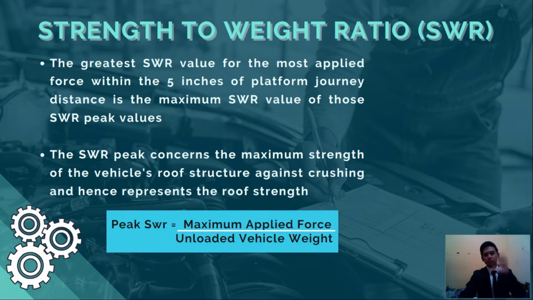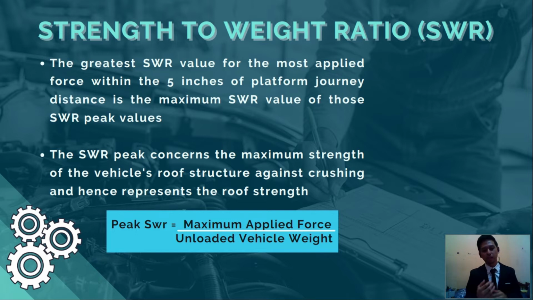The greatest SWR value for the most applied force within the 5 inches of platen travel distance is the maximum SWR value of those SWR peak values. The SWR peak concerns the maximum strength of the vehicle roof structure against crushing and hence represents the roof strength.